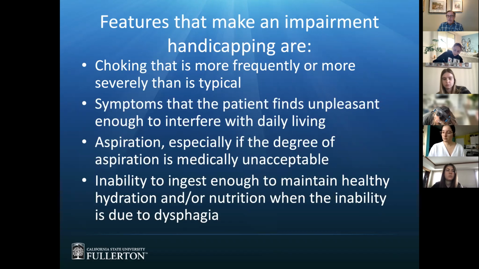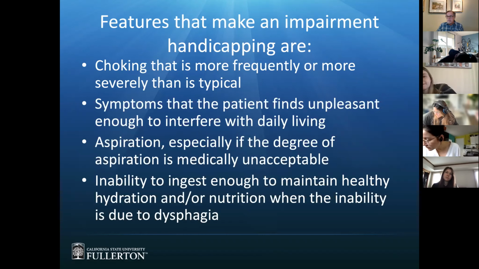One is the patient chokes more frequently or more severely than is typical. We all choke, but what's the absolute cutoff? I don't know. But if somebody had the Heimlich maneuver 3 times, I would say that's a significant choking. I've choked, you've choked. I've never had the Heimlich maneuver.